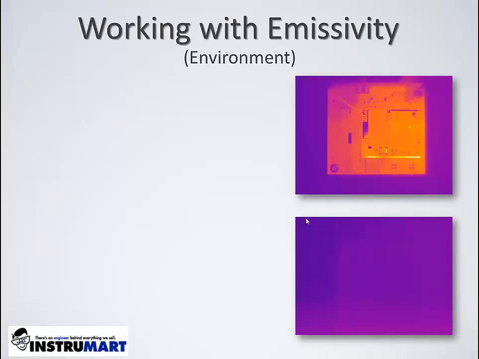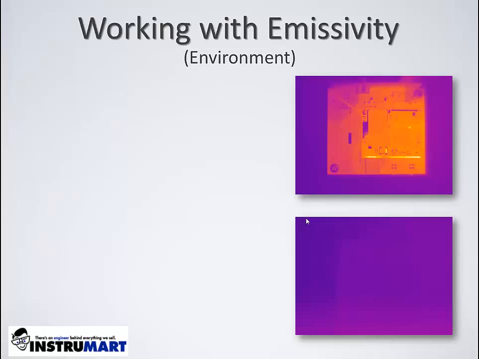Let's look at another way to control or to reduce reflected radiation interferences. In this example, I'm going to control the environment of the reflected radiation. Now, in this example, I am imaging the same target, the printed circuit board, at a non-energized steady state condition.